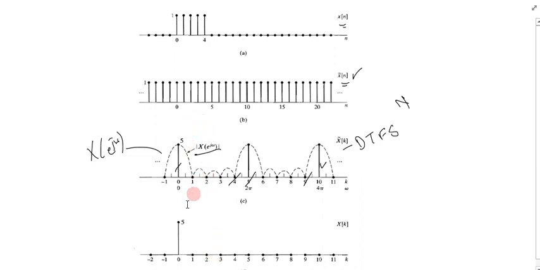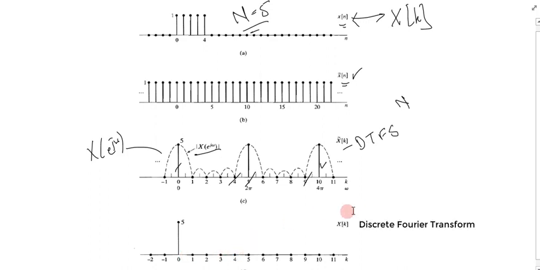But here, if you calculate it for a length 5 sequence, n equal to 5, then you will have a discrete sequence from 0 to 4, and it has the same length, n equal to 5.